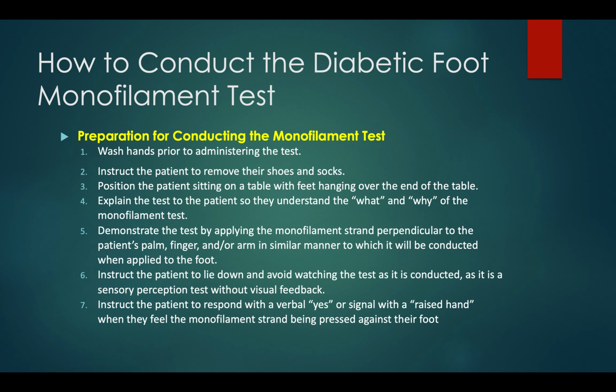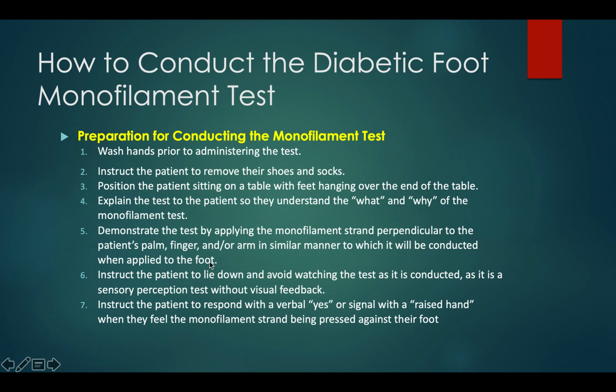You're going to demonstrate the test by applying the monofilament strand perpendicular to the patient's palm, finger, and arm. Now, we're talking about a test to the foot, but we're going to start by applying the test to the palm of their hand, the distal end of their fingers, or somewhere on the arm, in a similar manner in which you will later conduct it on the foot.